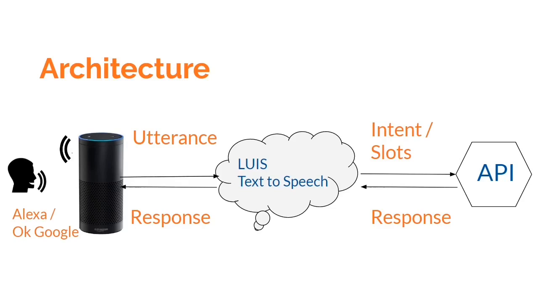Slots are nothing but the required inputs that it picks out of the user utterance, which are Hyderabad and New Delhi. It then sends the intention of booking, and from where to where, to the API. And the API is the core business logic, which understands your request in JSON format, processes that input and sends back the response.